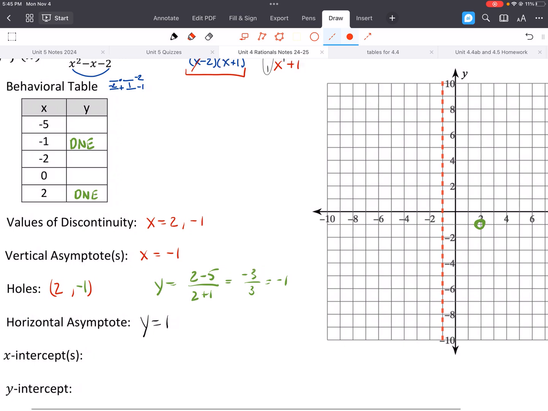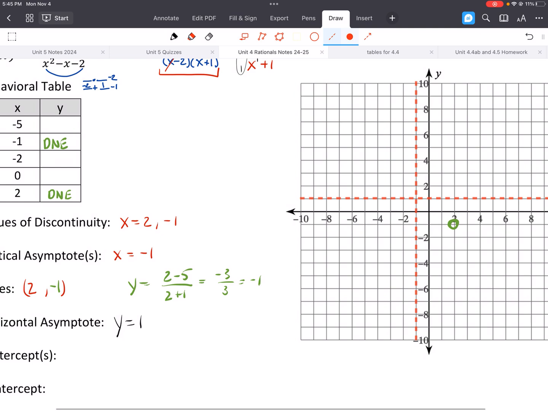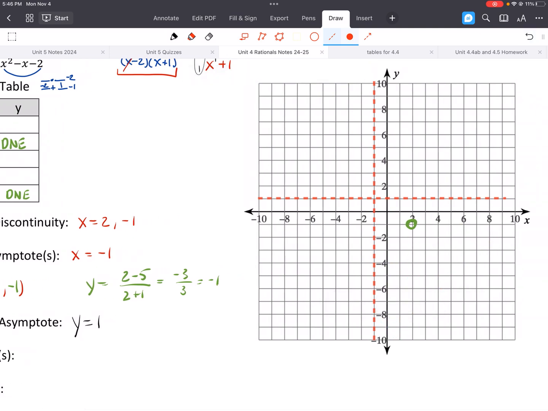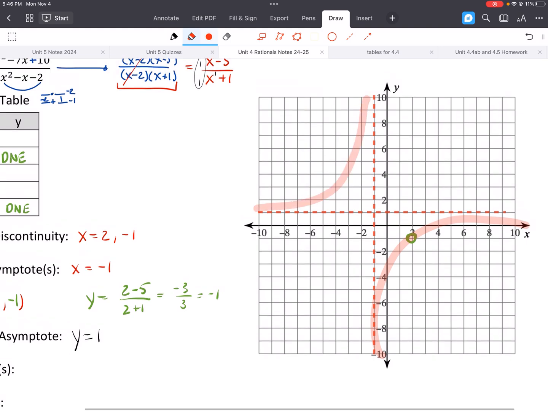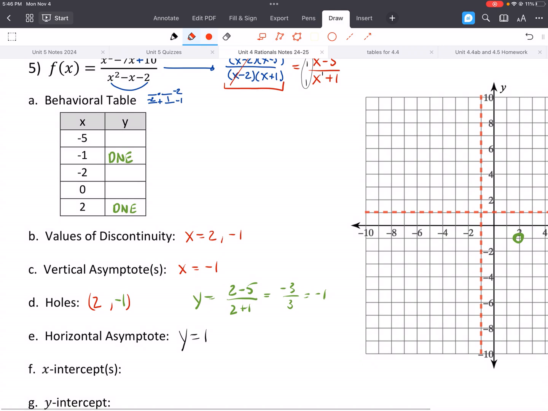And we will sketch y equals 1. Okay, so it looks like we already have a lot of information that's going to be helpful. My guess is it's going to be something like this. Oops, that's not going to be helpful. It'll be something like this and something like this. But we want to see if we can find some more points from our table to verify.